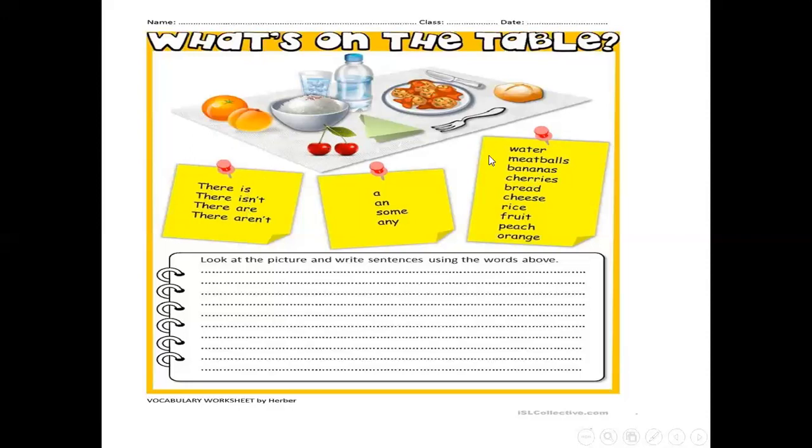No. So I use there are or there aren't. Here there are no bananas. So I use there aren't. I use any with negative. You will write there aren't any bananas. Okay, all of you understand this exercise?